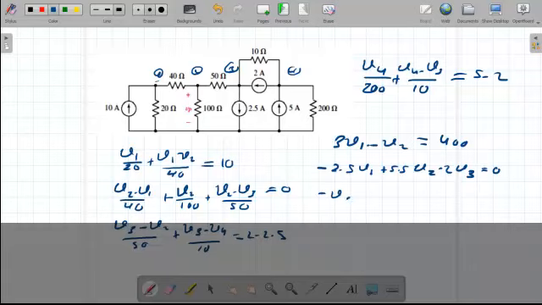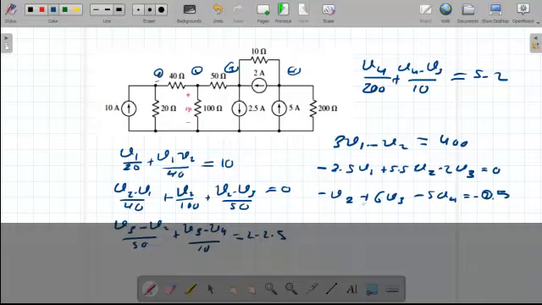Then minus V2 plus 6 V3 minus 5 V4 equal minus 2.5, which equals minus 0.5.